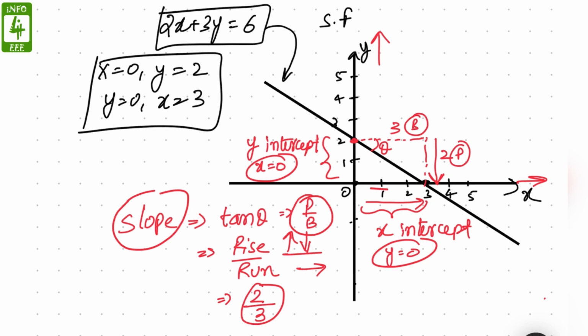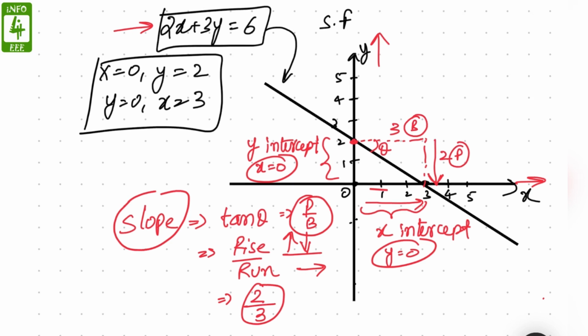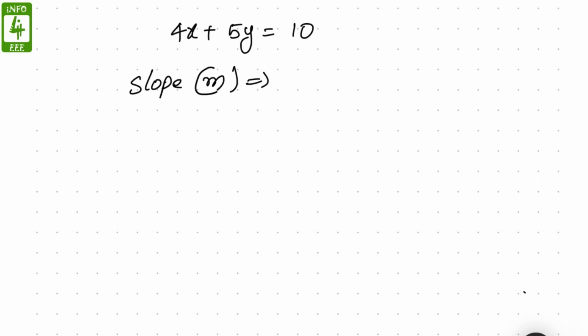Now the second point is, is there a way that we can find the slope and the intercept directly from the equation instead of drawing it? Yes, there is one way. Let's understand that. Let's say the equation is 4x plus 5y is equal to 10. Now the slope, which is m, is your rise by run, or this is tan theta, which is perpendicular by base.